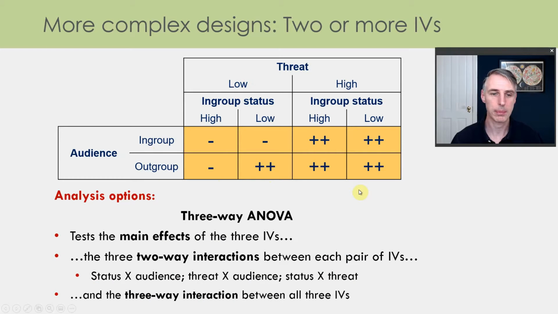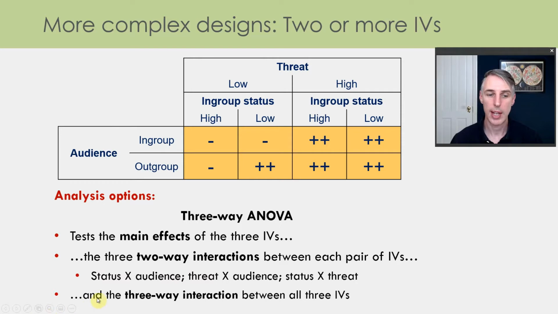Okay. Right, analysis options here. Now, because we have three independent variables, we're looking at a three-way analysis of variance. A three-way ANOVA will give you seven effects. It'll give you the main effects of each of the three independent variables, collapsed across levels of the others, and it will give you the three possible two-way interactions between the three IVs, so status by audience, status by threat, and audience by threat.